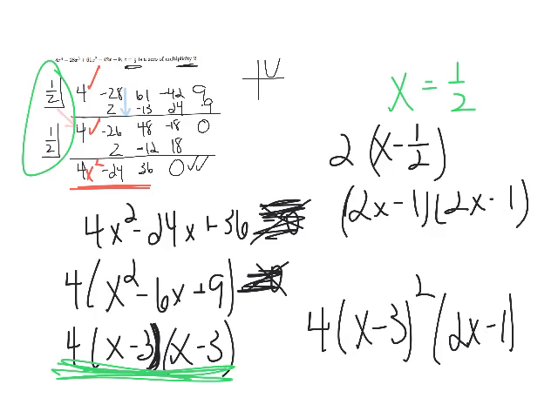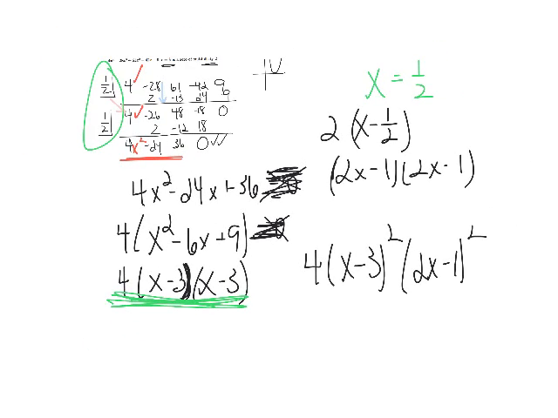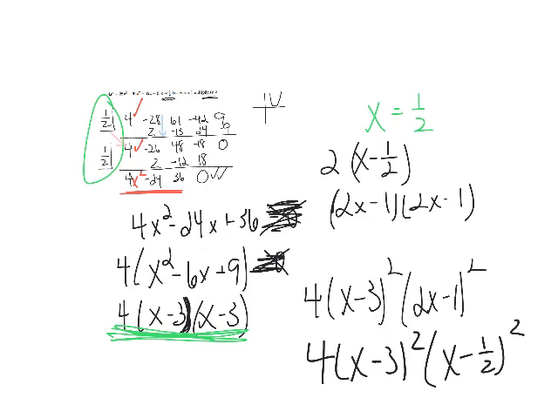This is actually a problem from your book, number 37, I think, from section 3.2. If you look at your book, it will tell you that you should leave it as an x minus 1/2.